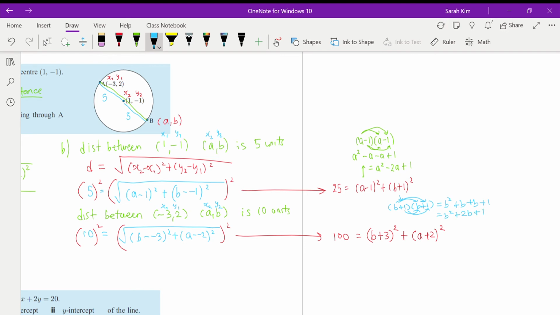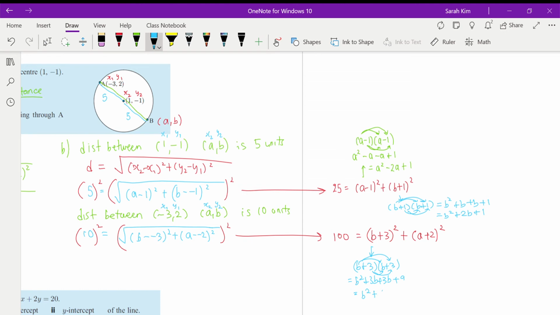Brilliant. Alright, now I've got this one, so B plus 3, so that would be B squared plus 3B plus 3B plus 9, which is going to turn into B squared.